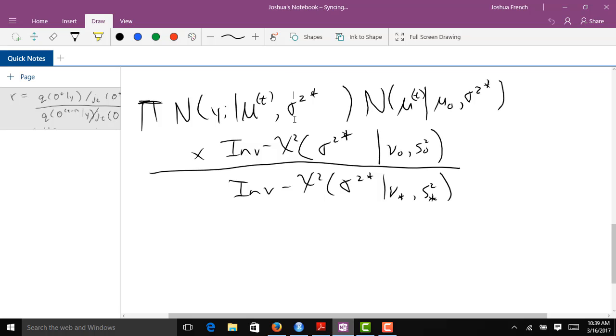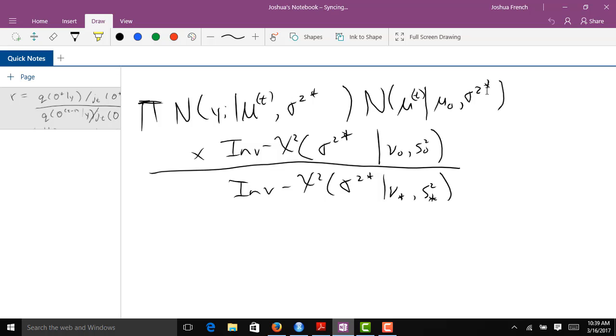I'm going to scale that normal distribution by sigma squared star, the value that I just sampled from my proposal distribution. Similarly, when I evaluate the prior density related to mu, I'm going to evaluate it at mu t, the most recent value of mu in my chain. I'm going to condition that on mu naught, the mean parameter of the normal prior distribution, and then sigma squared star, the value I just sampled for sigma squared from my jump distribution.